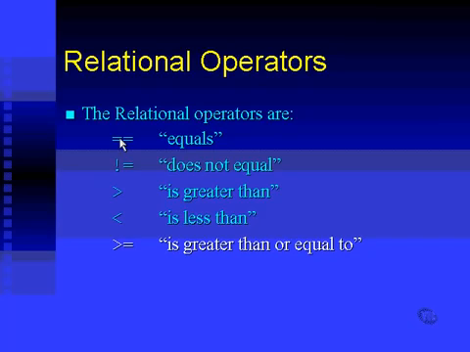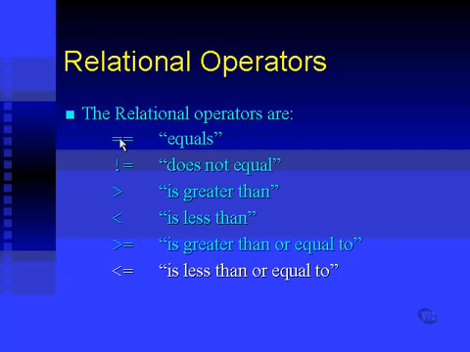So if we say if x is greater than or equal to y, that will be true if x is greater than y or if x is equal to y. And the corresponding one if x is less than or equal to y. Okay, those are the 6. That's all there is.